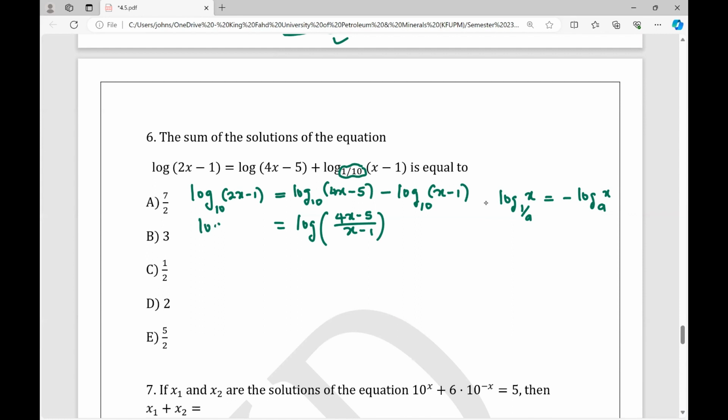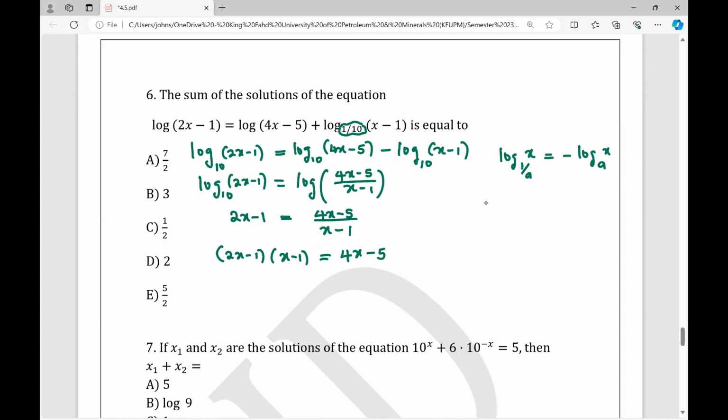Now this is log to base 10 of 2x minus 1. Now we can drop the bases, so you have 2x minus 1 equals 4x minus 5 over x minus 1. Then we can cross multiply as 2x minus 1 times x minus 1 equals 4x minus 5.